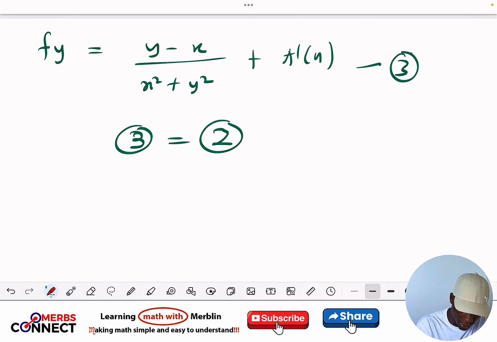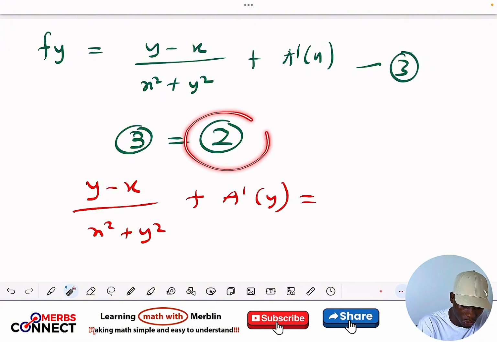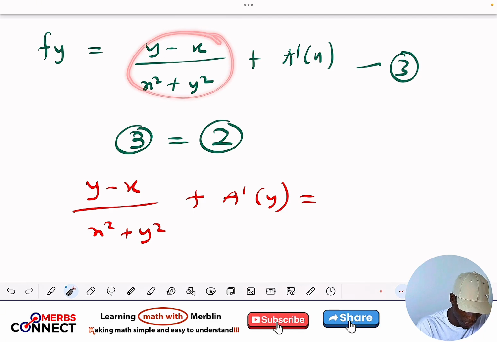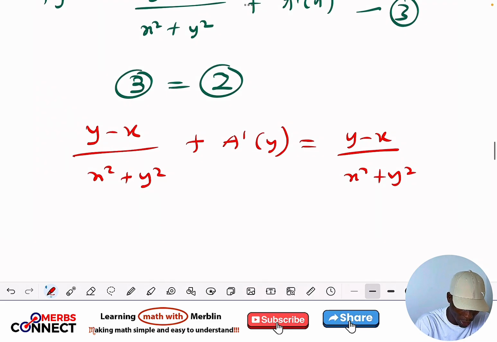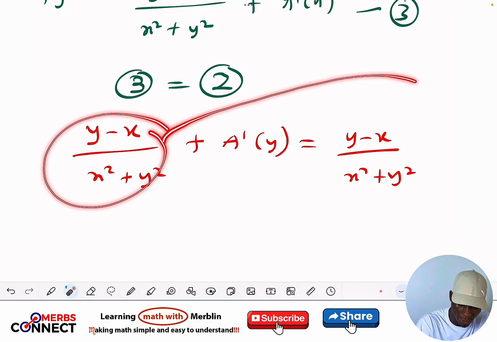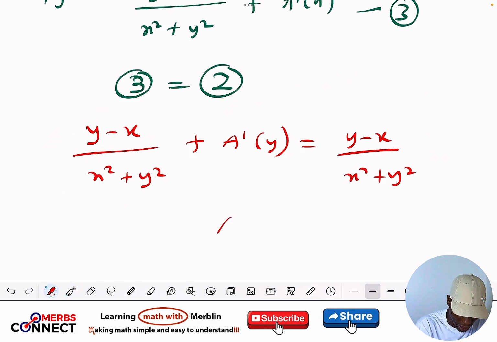So we are having y minus x divided by x squared plus y squared plus a prime of y, which is equal to, equation 2 was equal to this, so we are going to have y minus x divided by x squared plus y squared. So when I move this one to the right side, I'm going to have it to be negative, and it's going to cancel out. So I'm going to have a prime of y to be equal to 0.